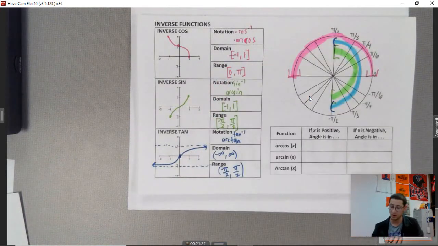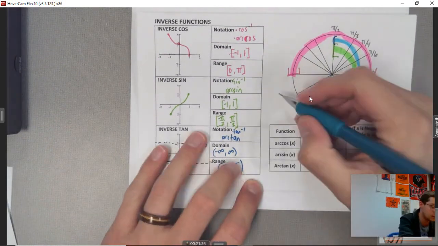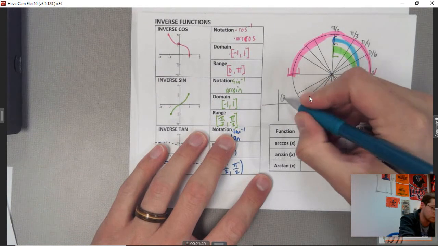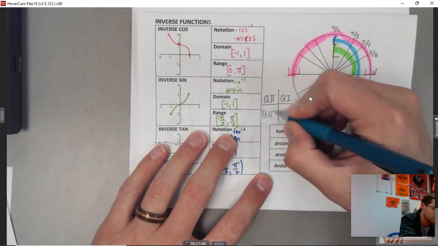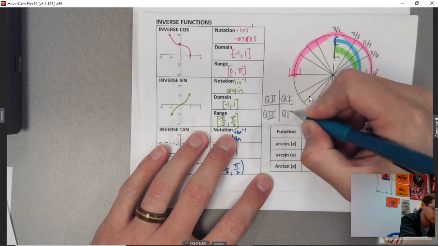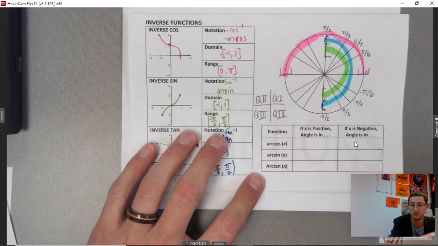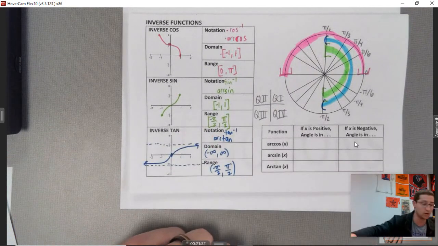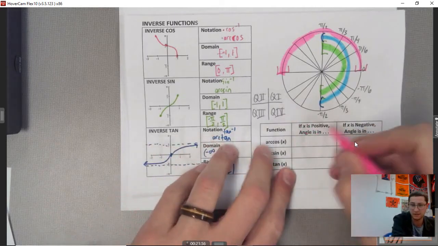All right, and then to talk about the quadrants, what quadrants they're allowed in. Let's get a quick review of the quadrants. So this is quadrant 1, quadrant 2, quadrant 3, and quadrant 4, using Roman numerals there. So with arc cosine, which is pink, if x is positive, the angle is in here.